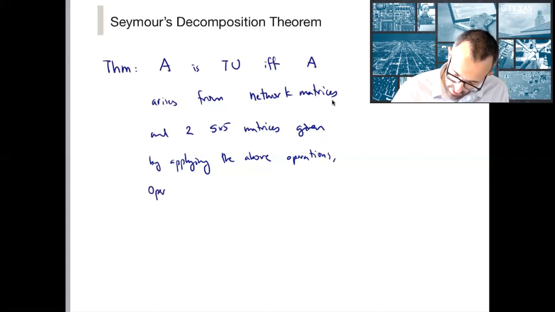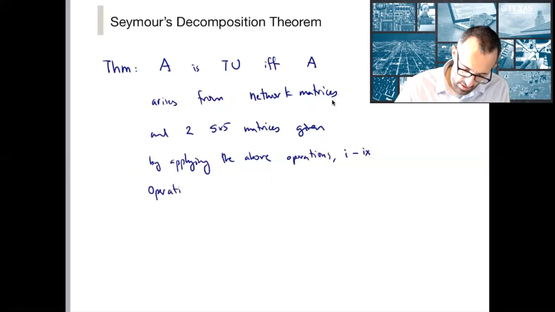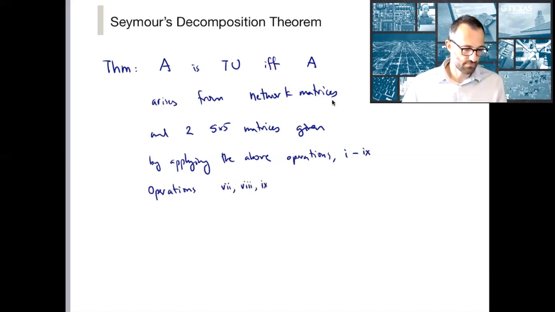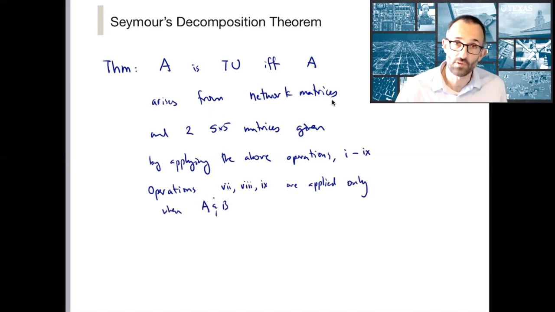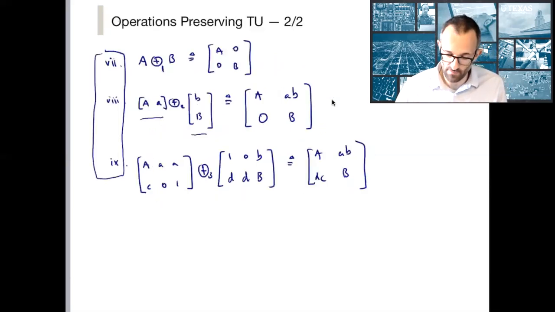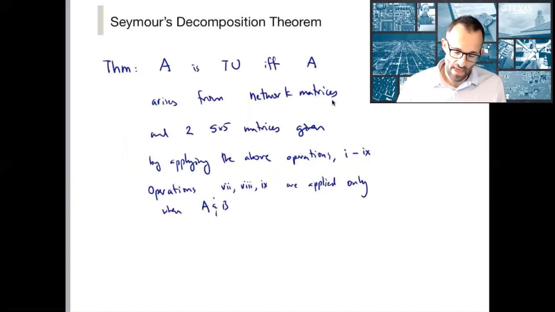So the above operations 1 to 9, and in particular, we also have to specify that operations 7, 8, and 9 are applied only when matrices A and B, remember that operations 7, 8, 9 have matrices A and B and then everything else is a vector, when A and B are at least of big enough size.